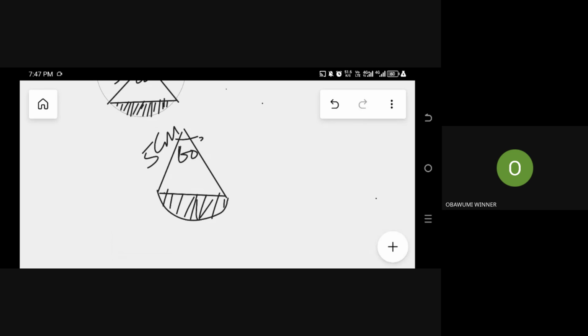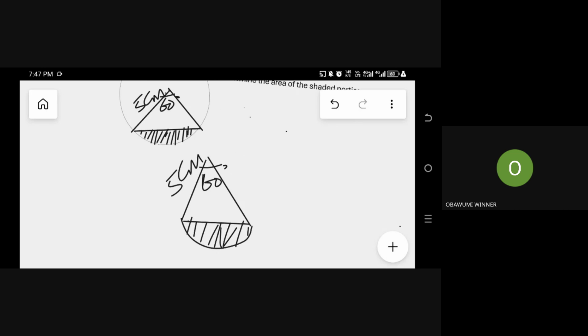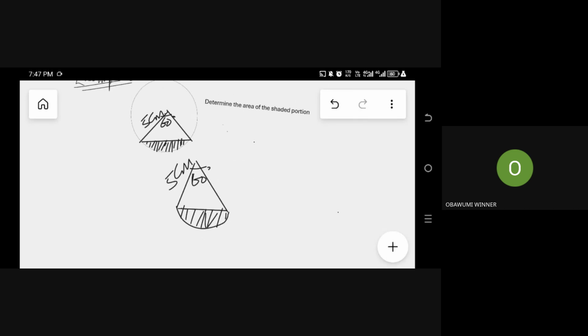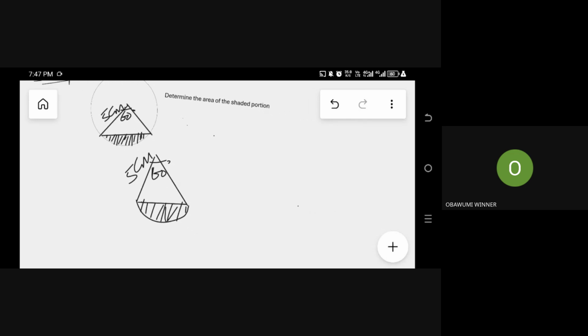All right, so what I just did is cut out the minor sector. That whole part at the bottom, I cut it out to illustrate something. Now look at this minor sector. On its own, it is formed by two distinct shapes.